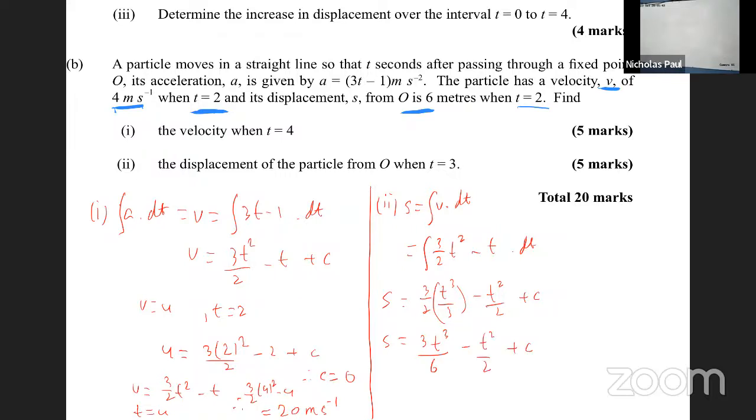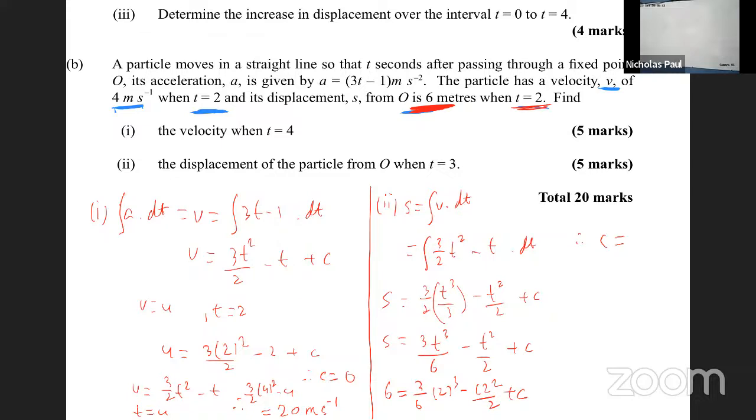We need to get c, so we go back up to the information given, and they told us s is 6 when t is 2. So 6 is equal to 3 on 6 by 2 cubed minus 2 squared on 2 plus c. So c was how much? C was 4. Anybody else get 4?